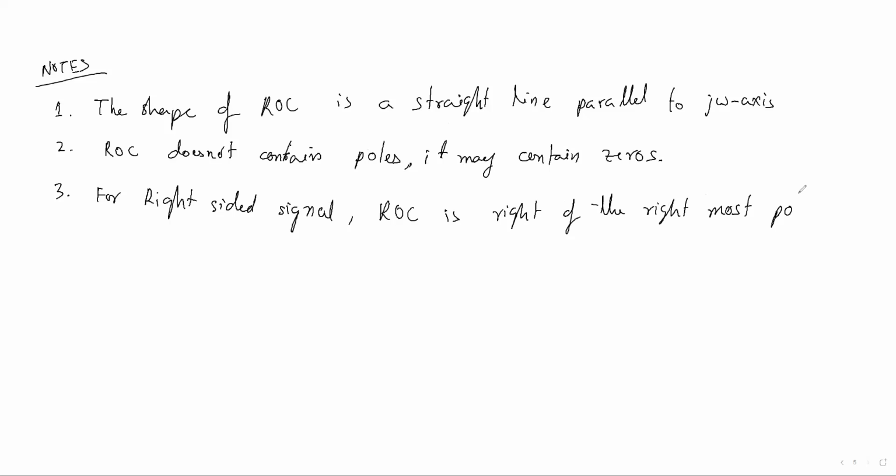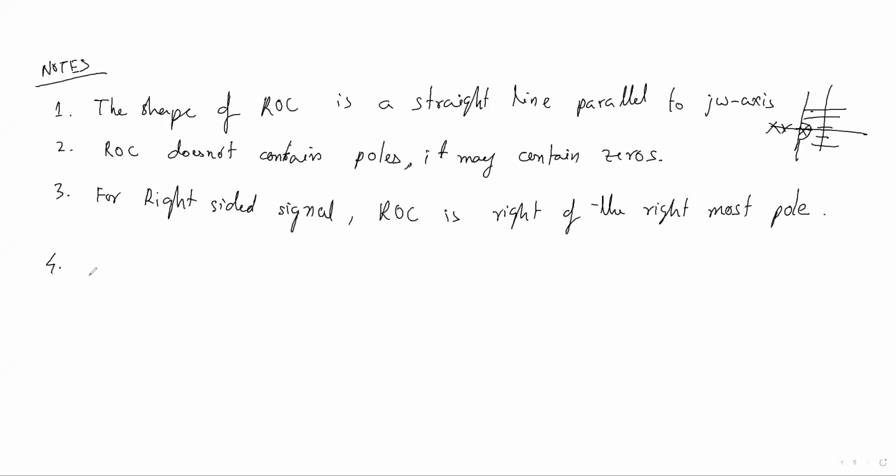What does it mean? If there are many poles and all the signals are right-sided, then the ROC should be to the right of the rightmost pole. That's why for a right-sided signal, the ROC is to the right of the rightmost pole.